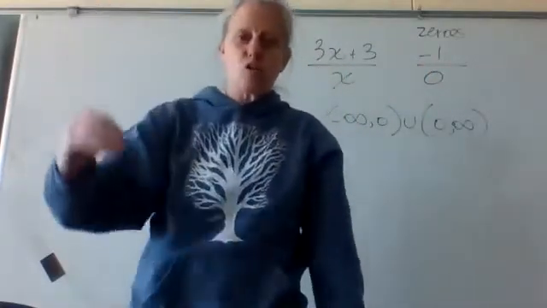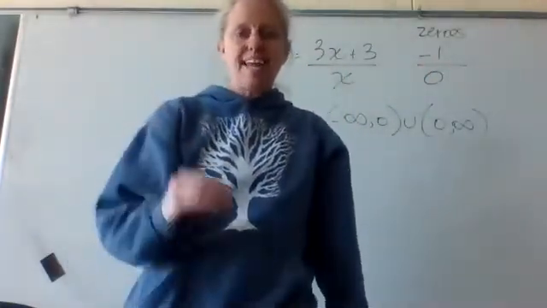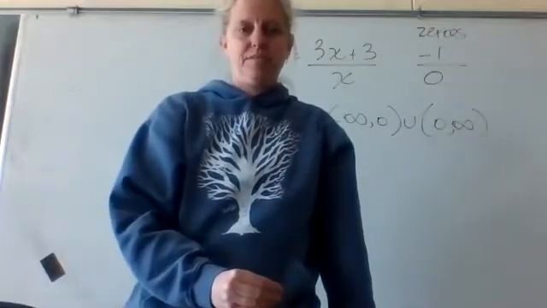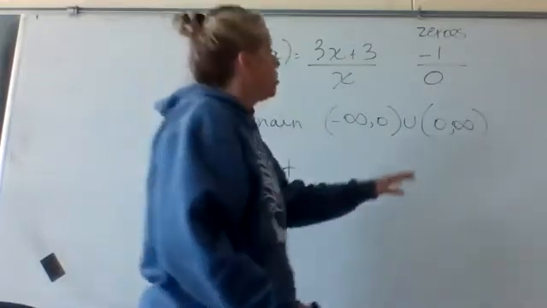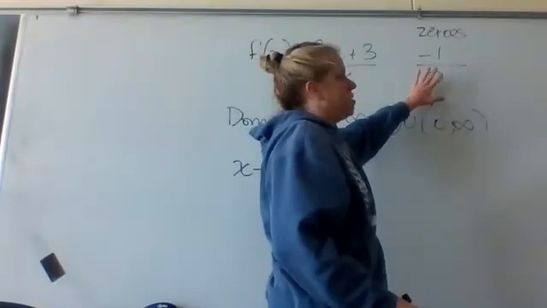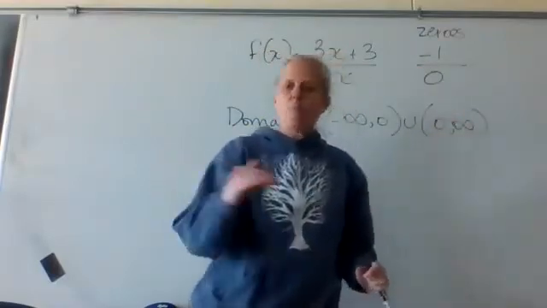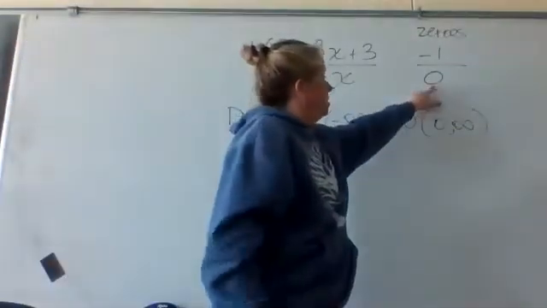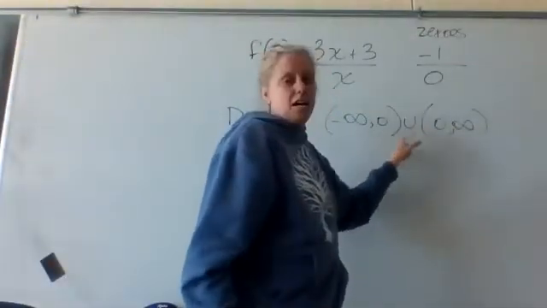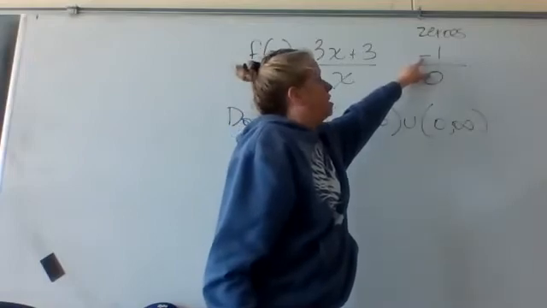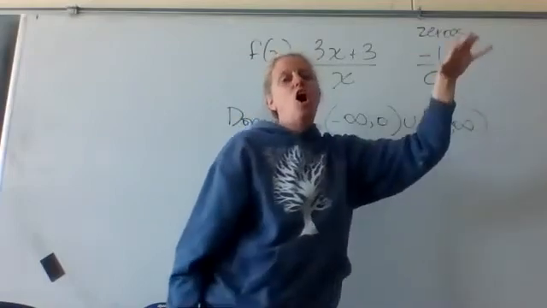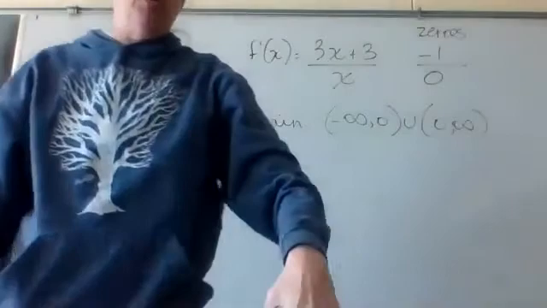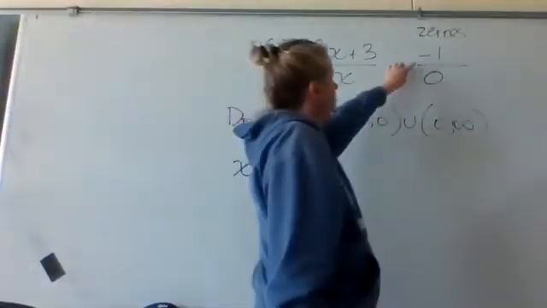It tells you where it crosses or touches the x-axis, right? So that's why I can't use any zeros of the denominator, because those aren't in the domain. That 0 is this right here. That's telling me the graph is not going to go through 0. So that's why we're using zeros of the numerator, as long as they're not also zeros of the denominator.